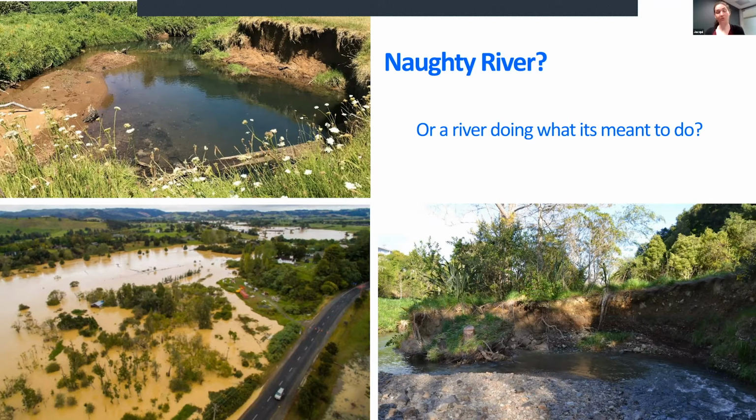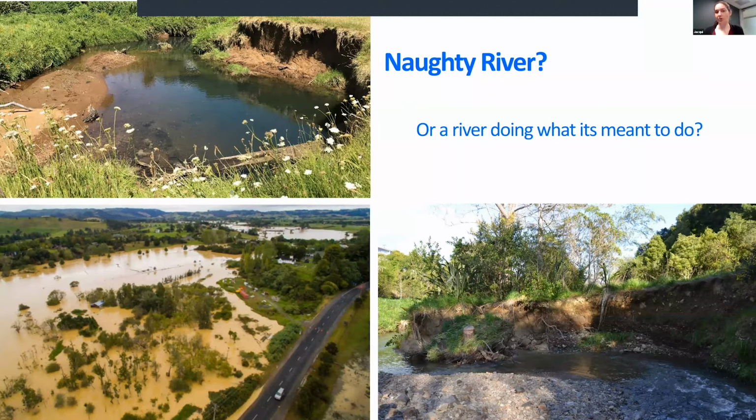So if they've got more water flowing through, they then have a lot more power, and this can increase erosion. They can also flood out more extensively. But the thing is, erosion in a river and flooding are actually natural processes that a river does. So a river will flood to dissipate any increase or high energy. It will flood out, and that will stop increasing erosion of that river.